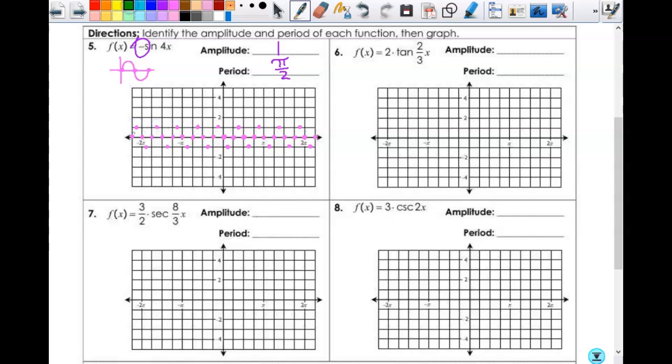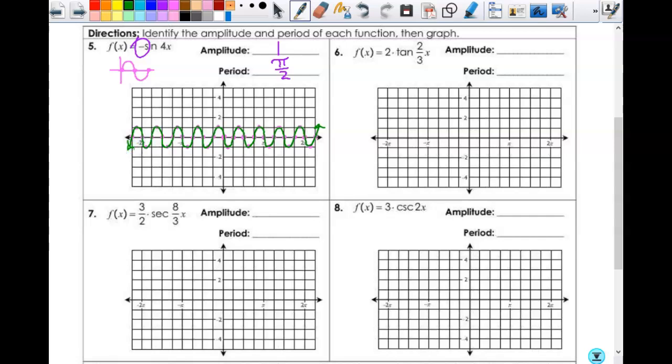And then I can draw that in. And these should be curves, not zigzags. And there are arrows on the end because it continues on.